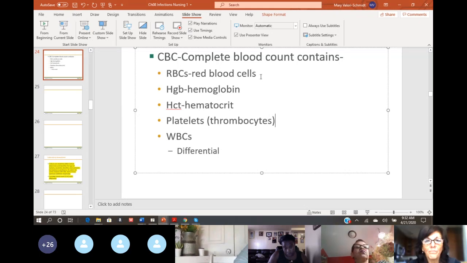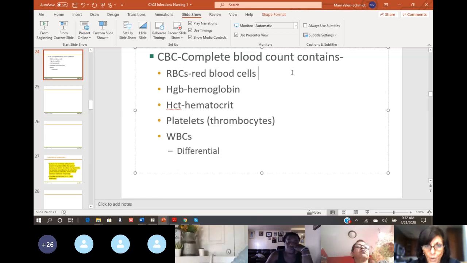Okay, so red blood cells are the baby hemoglobins, all right? Red blood cells, and by the way, all of these, red blood cells, hemoglobin, platelets, and white blood cells, they're made in your bone marrow. Okay, that's where they come from.